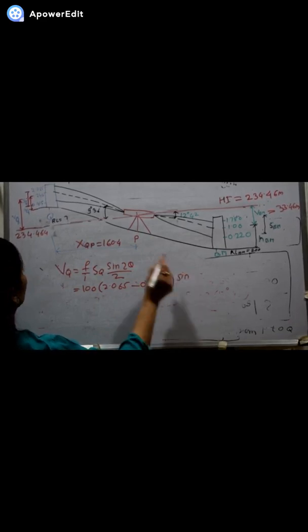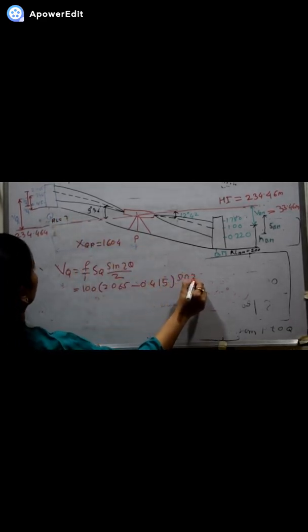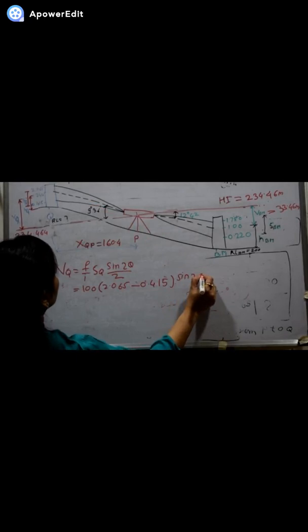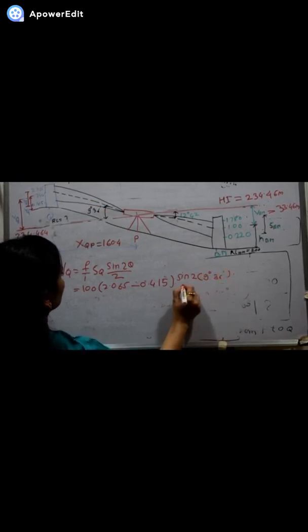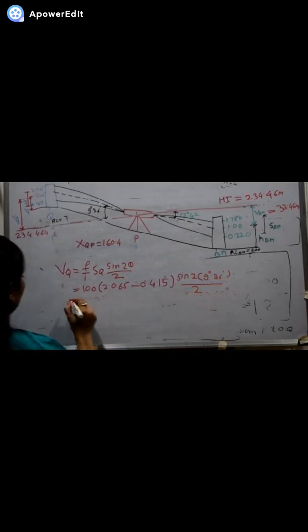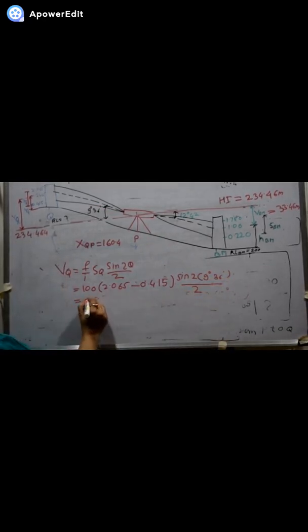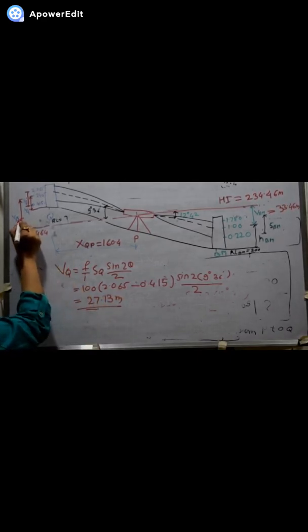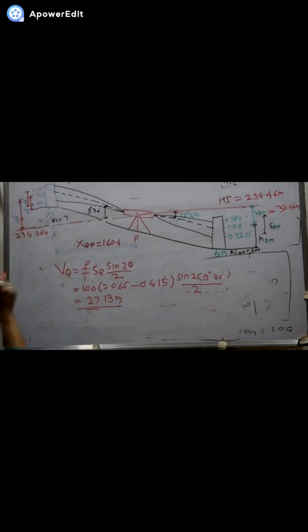Now in this case theta is 9 degree 36 minutes, so 2 into 9 degree 36 minutes divided by 2. If we calculate this, the answer is 27.13 meter.